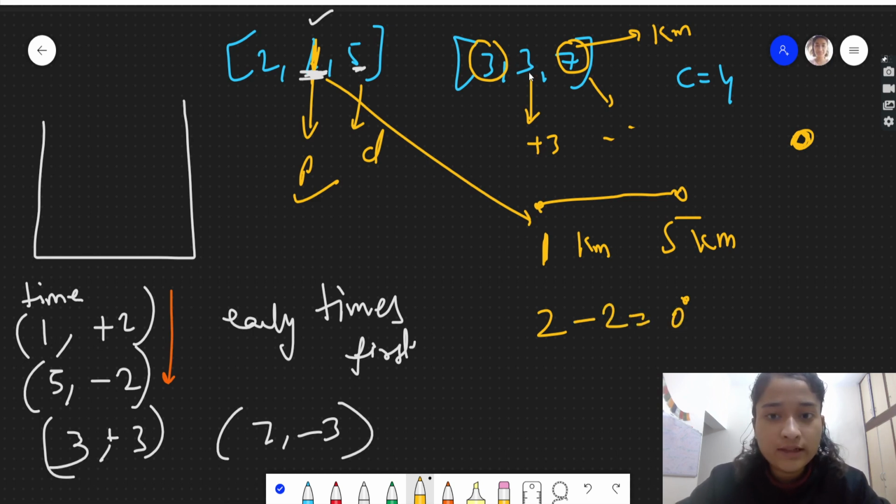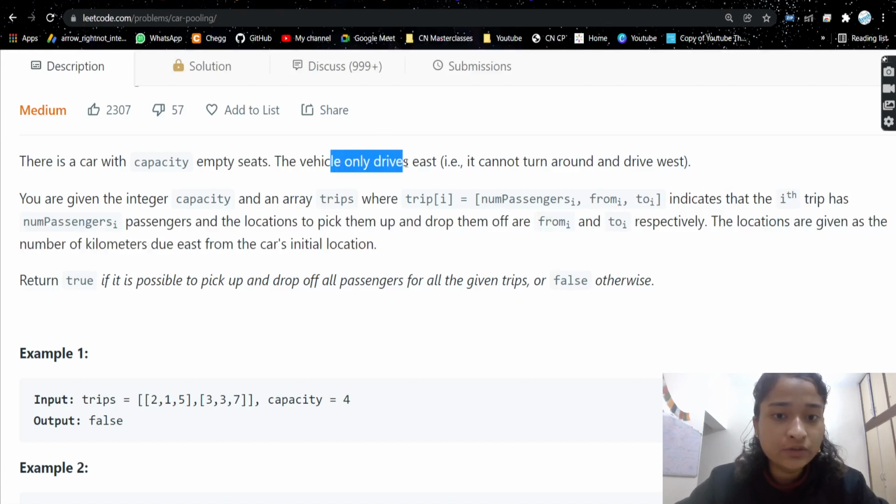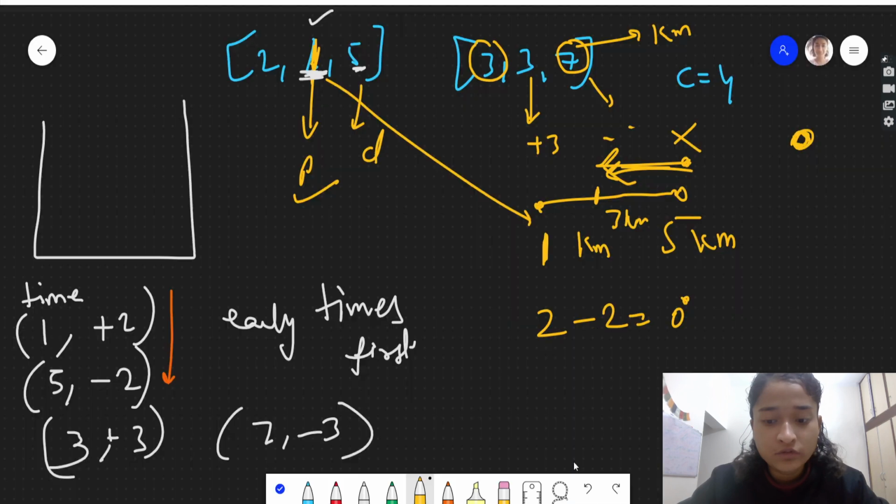Then you will say okay, we'll go back and pick 3 passengers from 3 kilometer. But we cannot go back, because in the question it's clearly mentioned that the vehicle only drives east. It cannot turn around and drive west. Hence we need to take them in sorted order.